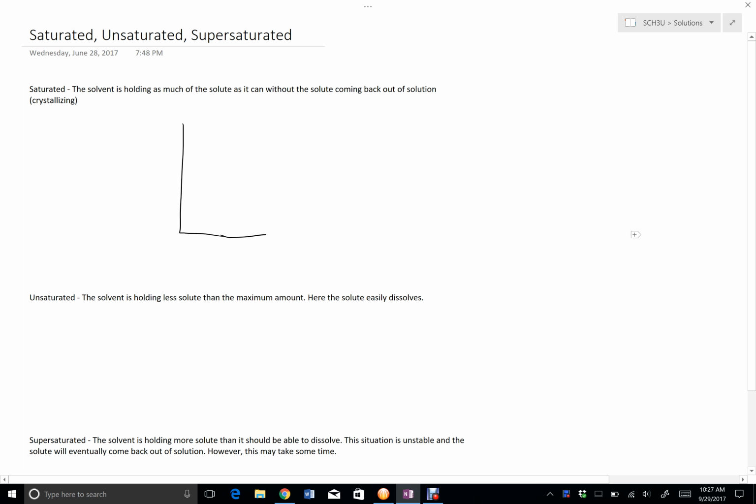So for example, if here's our water and we take some salt crystals and we put them in, and then they break up and they float around, at some point there's going to be so many sodium chlorides that they're going to start to recollect here and form a crystal of salt on the bottom.